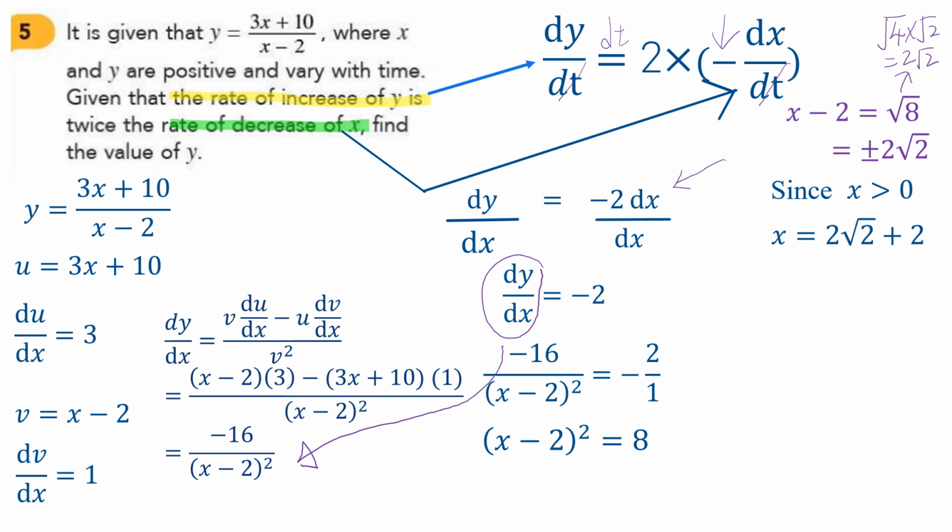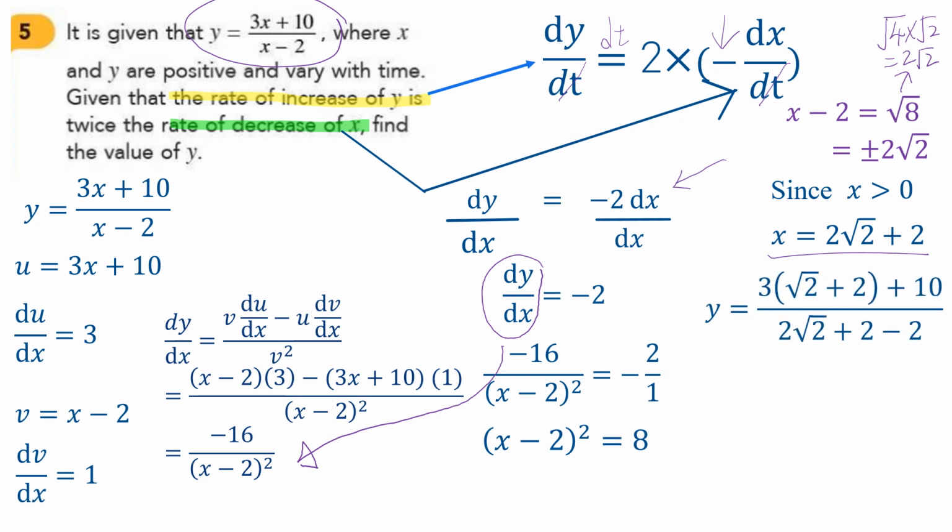And we're not done yet because you're supposed to find the value of y. So we need to substitute this value of x into where? Yes, into this equation to get the value of y. Okay, and we're not done yet because we need to rationalize it.